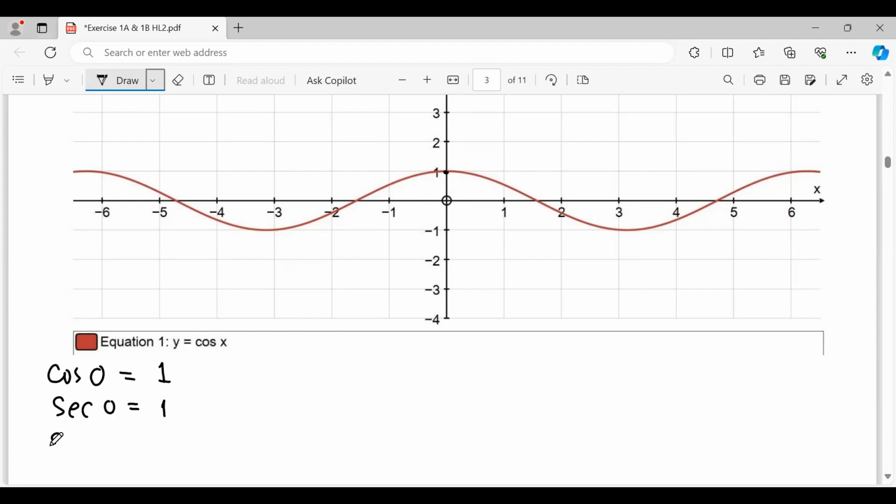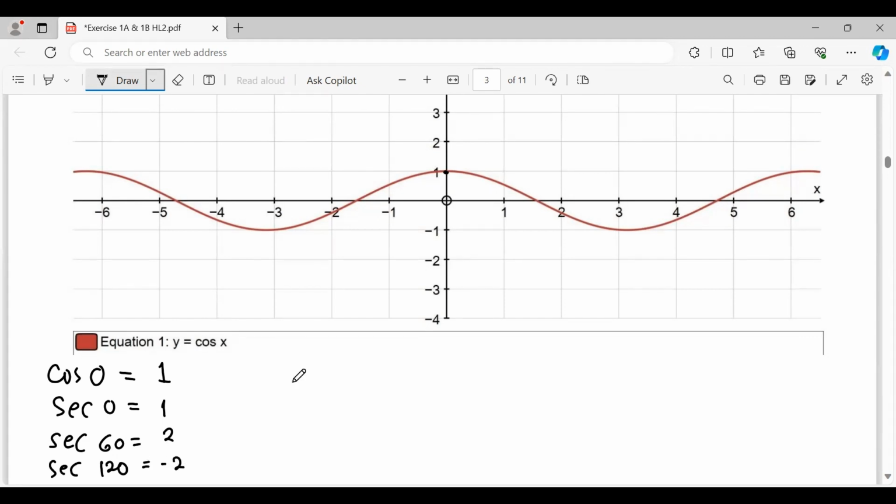Next, secant 60 equals 2. And then secant 120 equals negative 2.